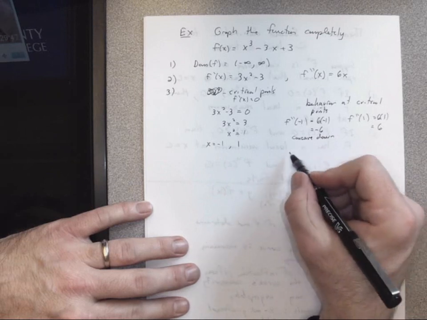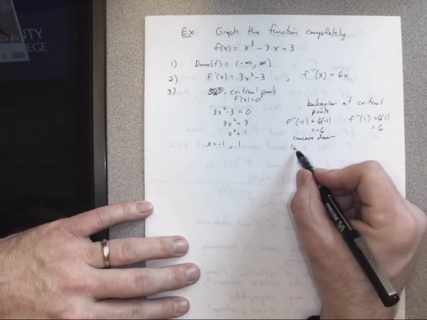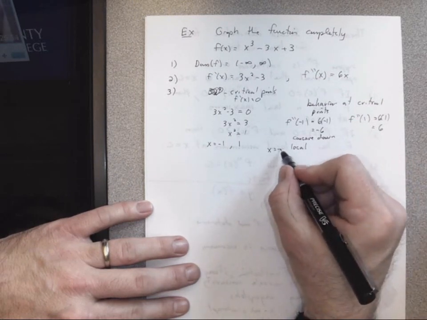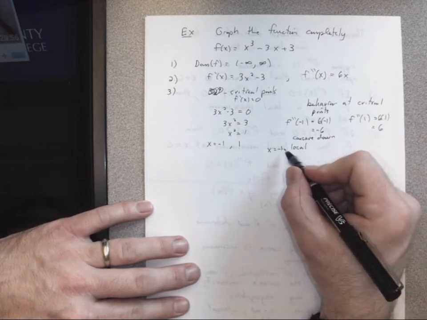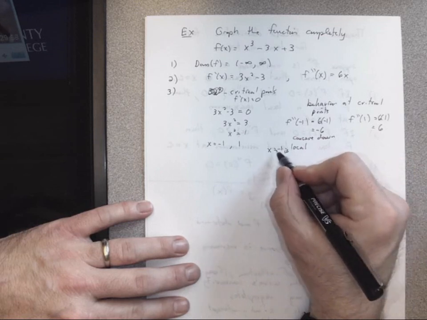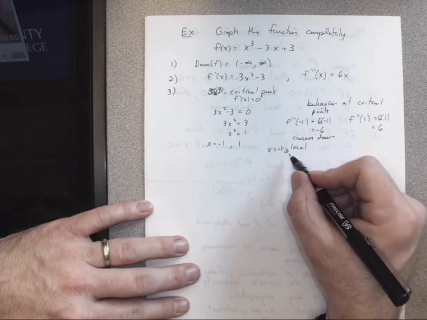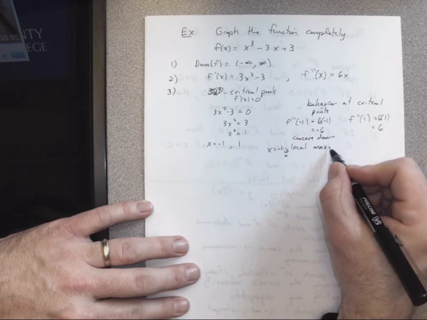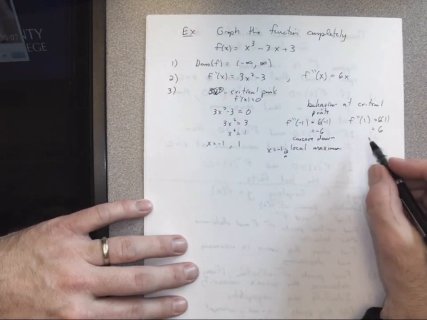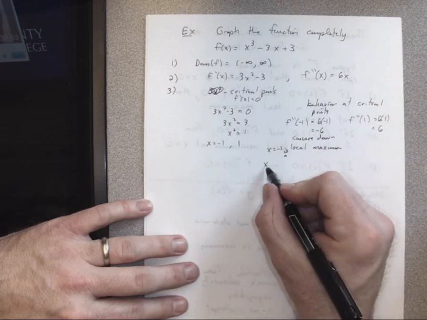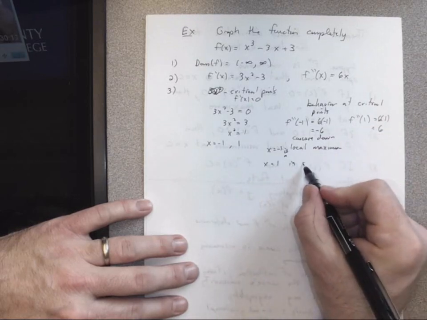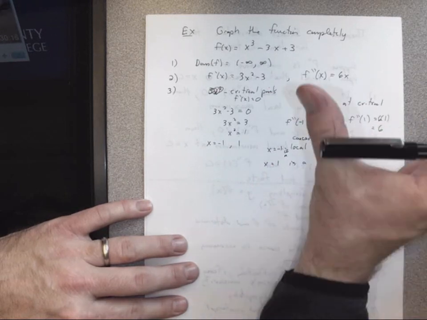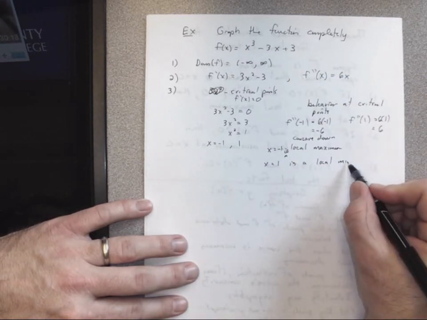So x equals negative 1 is a local maximum. And for this one, x equals positive 1 is a local minimum, because remember that this is positive when it's concave up, so it means it's a local minimum.